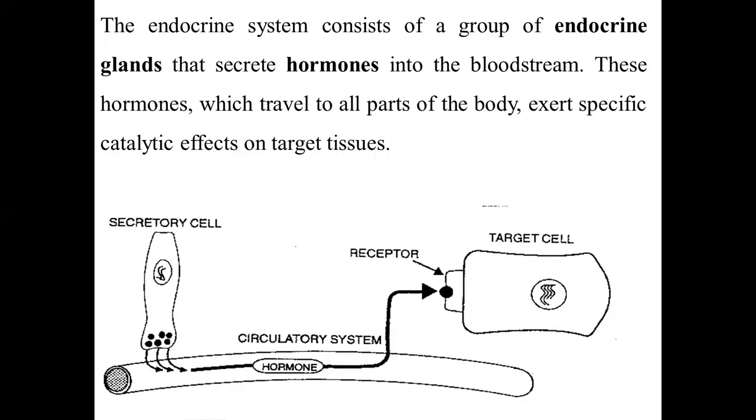Here we have secretory cells which secrete the hormones. A hormone enters the bloodstream, the circulatory system, and acts on the target cell. The target cell should have a receptor in order to bind this ligand, which is the hormone.